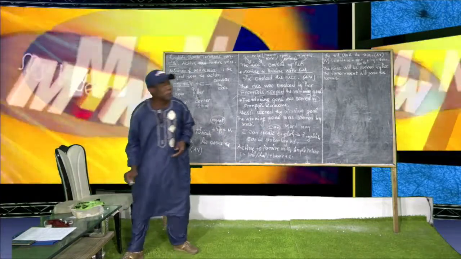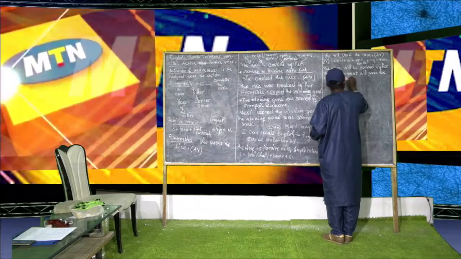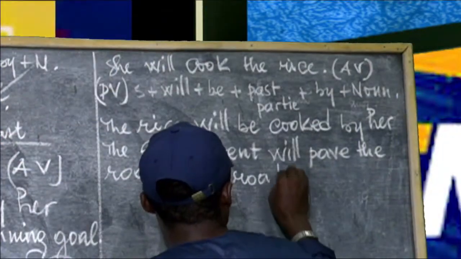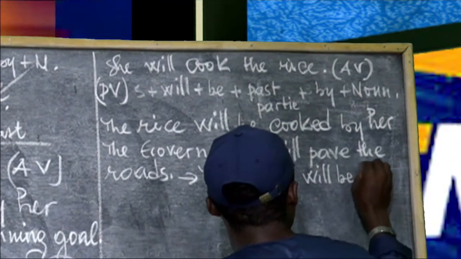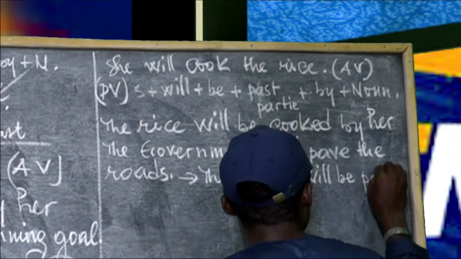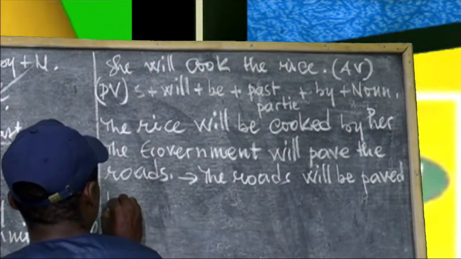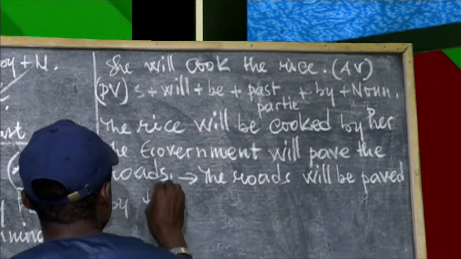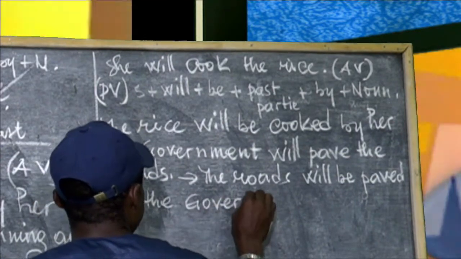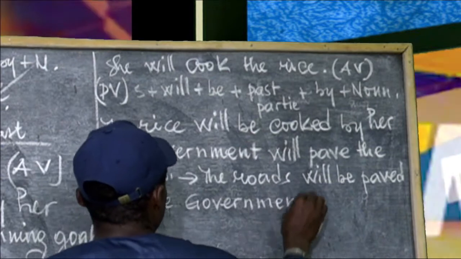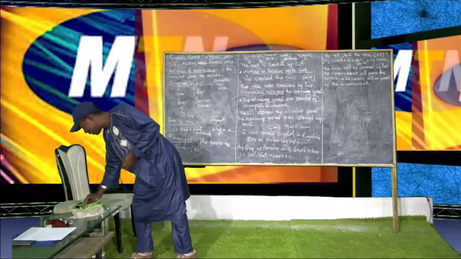The government will pave the road. Okay, the road will be paved. The road will be paved by the government. Thank you very much. I think this is very, very simple.